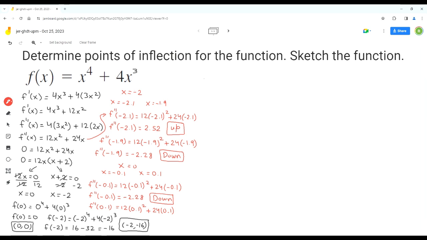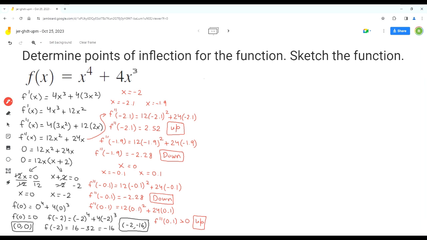So that's why we'll get a positive result. So the double prime of f at 0.1 will be greater than 0. So that means to the right side of x equals 0, the curve should be concave up. So now we are done with the analysis for the concavity.